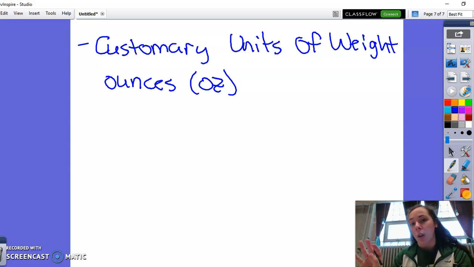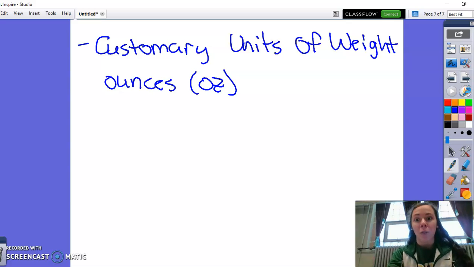Capacity really talks more about liquid stuff. That's why you heard gallons and fluid ounces and cups. We usually use those to measure liquids. Weight usually is used to measure how heavy something is or how much gravity is pulling on it.